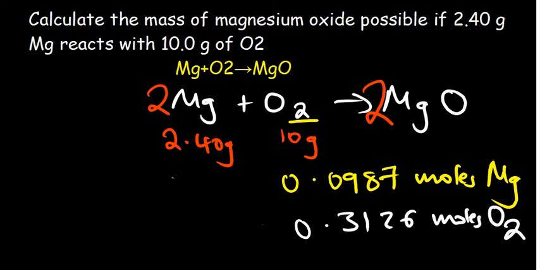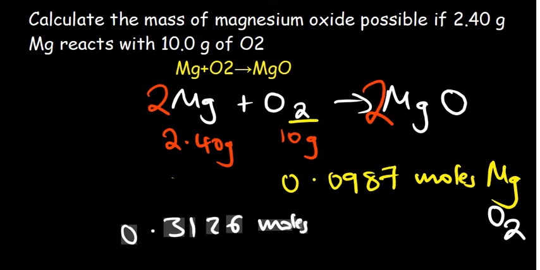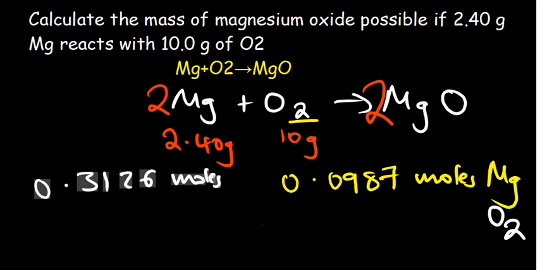So let me just move this one here so that we can work with it. So we have our oxygen there. These are the number of moles of our oxygen. We know these are in the ratio of 2 to 1, right?